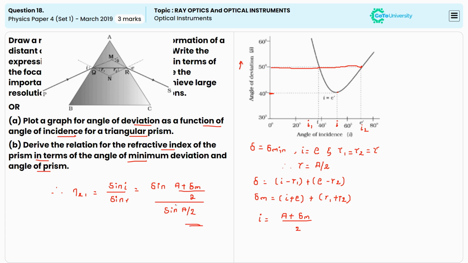This is the relation for the refractive index of the prism in terms of angle of minimum deviation and angle of prism.